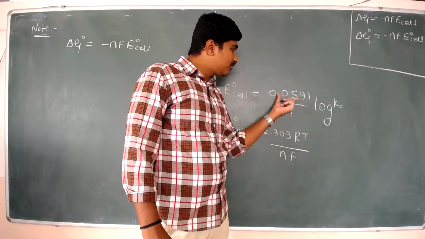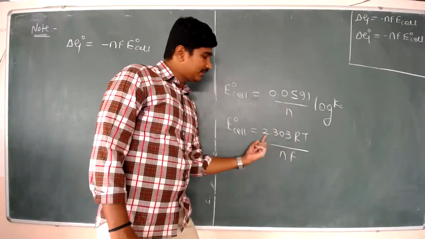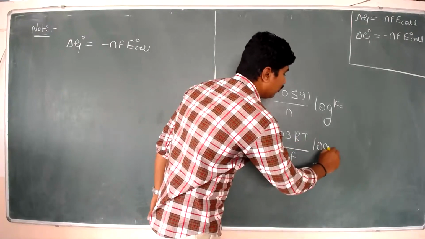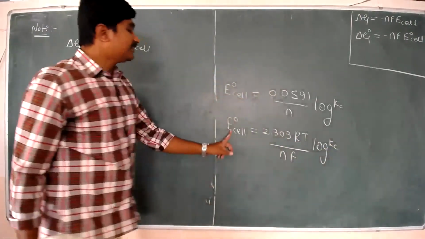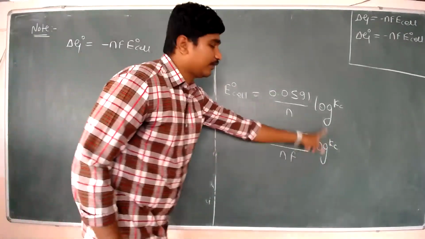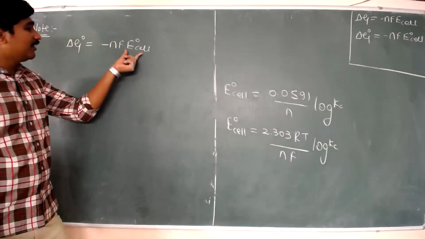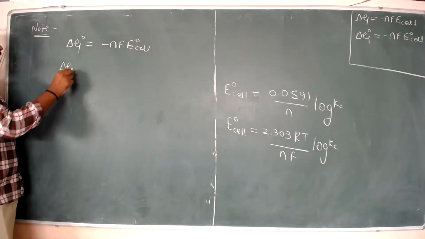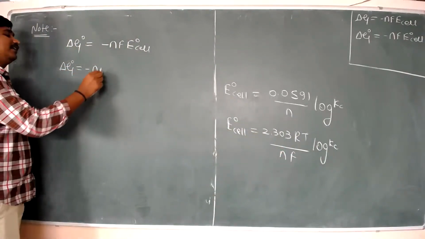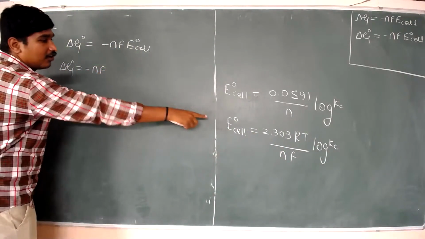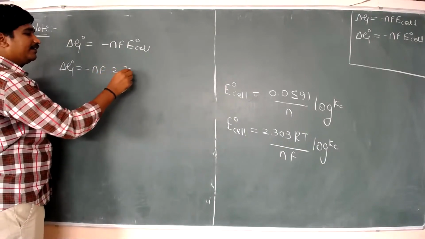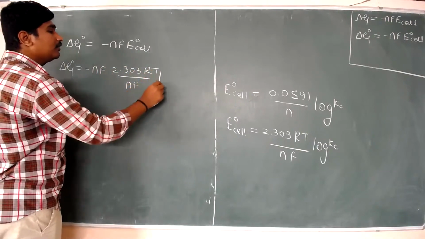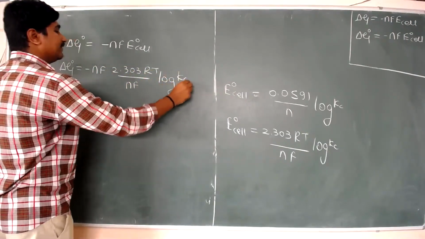In place of 0.0591, I am writing all the constants. That is 2.303 RT by nF into log Kc. In place of E naught of cell, I can write this. Now delta G naught is equal to minus nF as it is, and in place of E naught cell, 2.303 RT by nF log Kc.